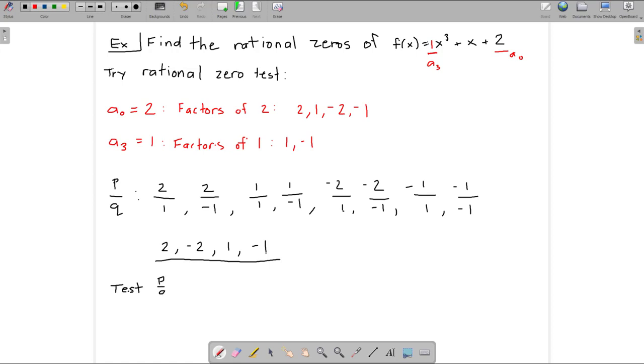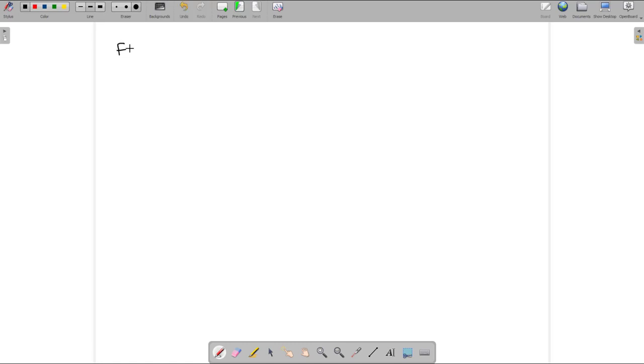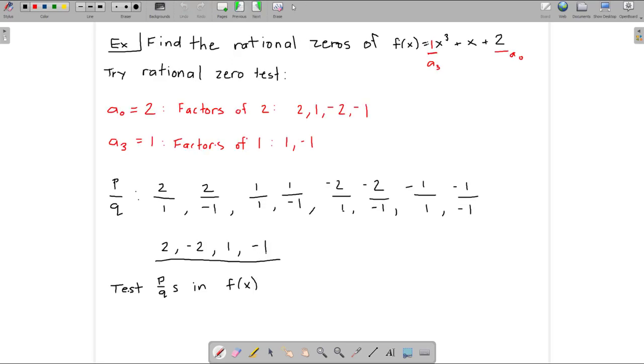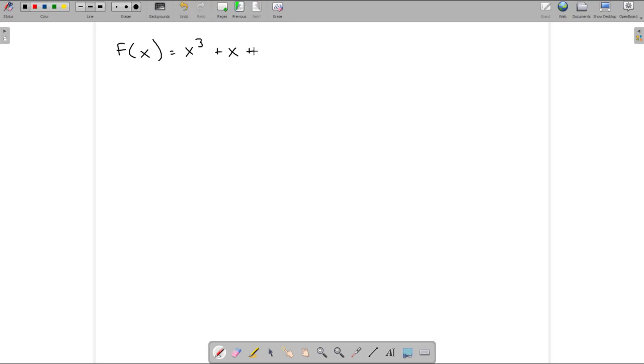Test p over q's in f of x. And so let's go to another page. My f of x was x cubed plus x, right? Yeah, plus x and then plus 2.